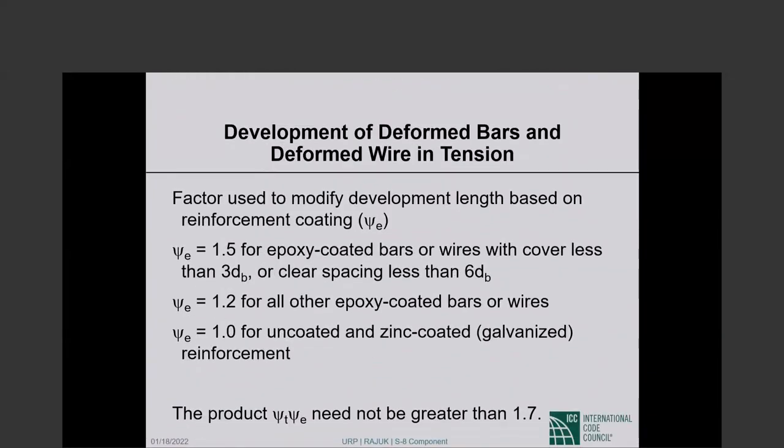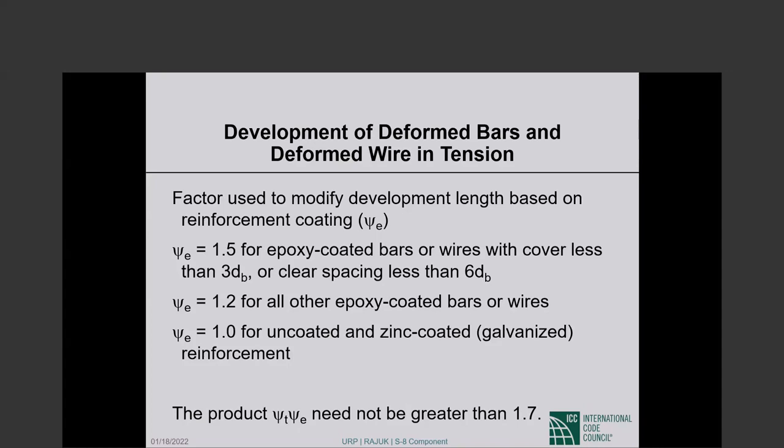Epoxy coating factor. Psi sub E is 1.5 for epoxy coated bars with cover less than 3 diameters and clear spacing less than 6 diameters. So thin cover and close spacing, 1.5. 1.2 for all other epoxy coated bars or wires, and 1.0 for uncoated and zinc coated reinforcement.